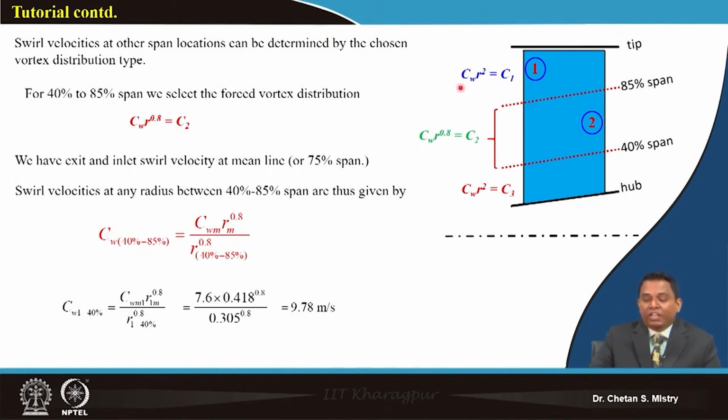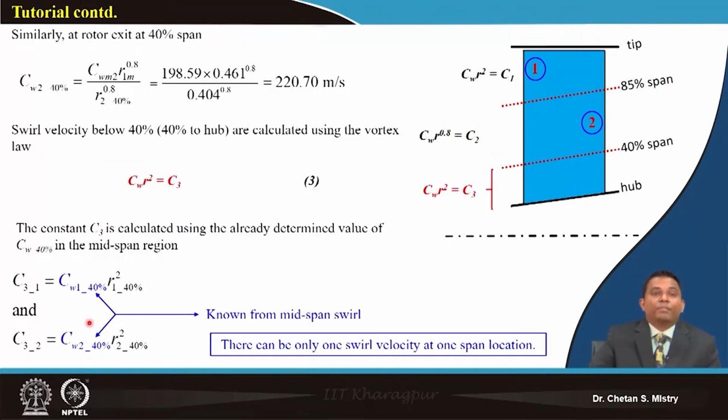Same way, any radius in between these two we can calculate, because we have done our calculation at the mid station, 75% span. So we will take that as a constant and apply it between 40% span and 85% span. This gives CW1 as 9.78 meter per second, and CW2 as 220.70 meter per second at 40% span.